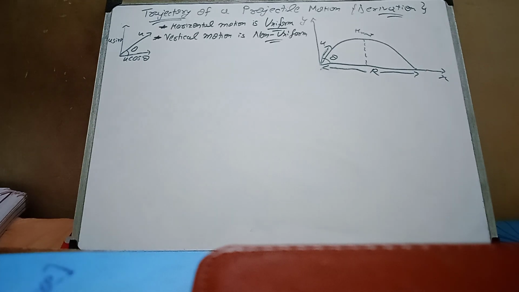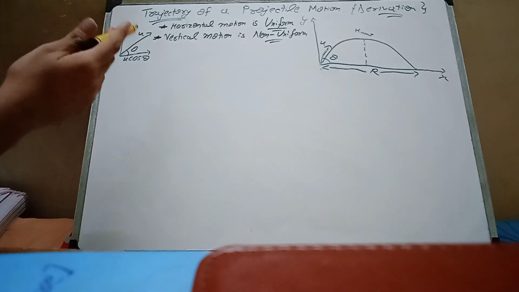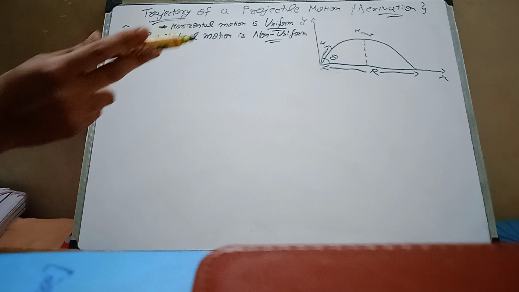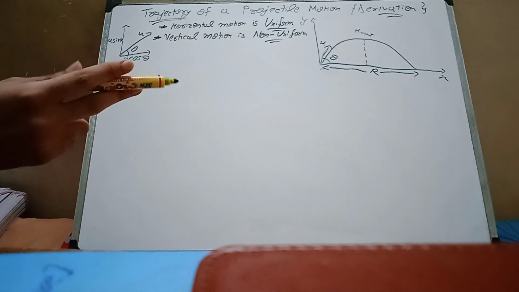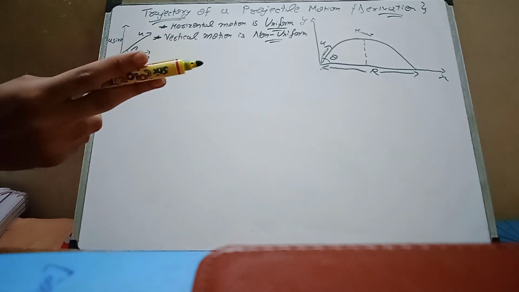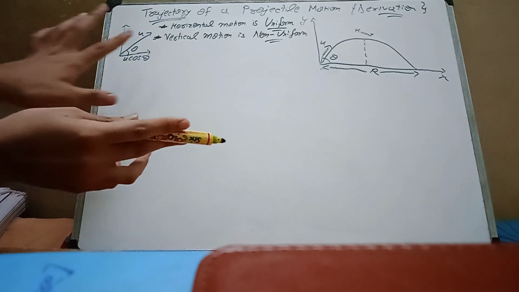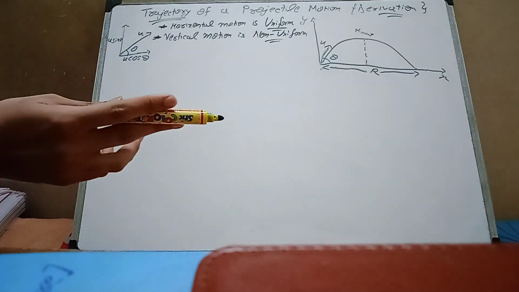The velocity is constant. Vertical motion is non-uniform because there is acceleration due to gravity acting downwards. That is, u sin theta is not constant, but u cos theta is constant throughout the motion. Yes, you have to first of all note these two down.